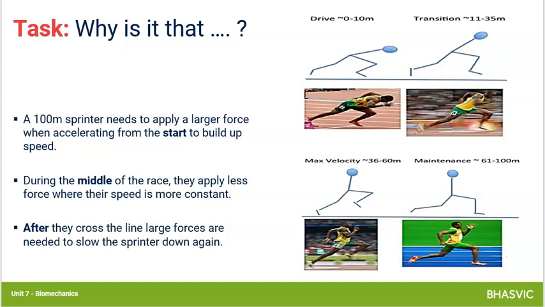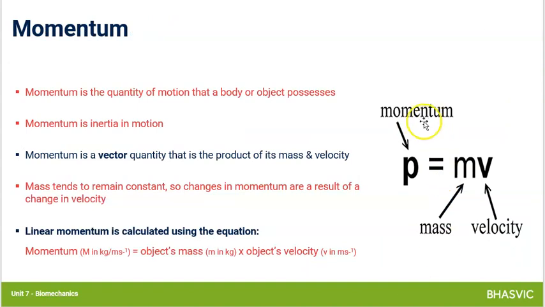So momentum is to do with mass and velocity, as you can see in this equation over here. Momentum, which is the letter P, equals mass times velocity. So momentum is defined as the quantity of motion that an object possesses, how much motion an object possesses. And we times mass by velocity.